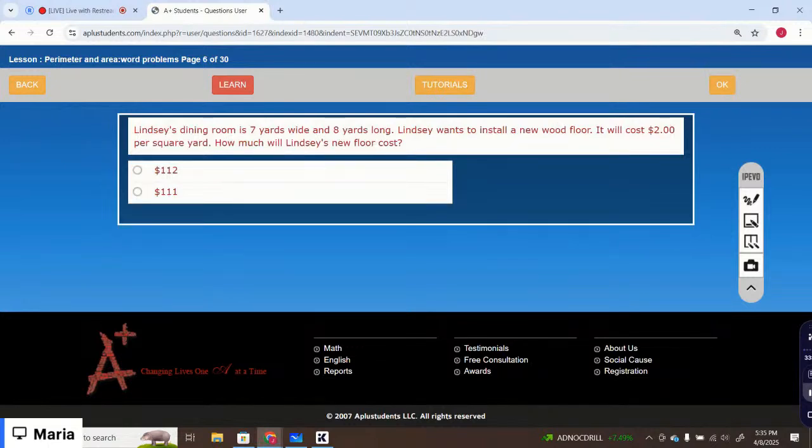Lindsay's dining room is 7 yards wide and 8 yards long. Lindsay wants to install a new wood floor. It will cost $2.00 per square yard. How much will Lindsay's new floor cost?